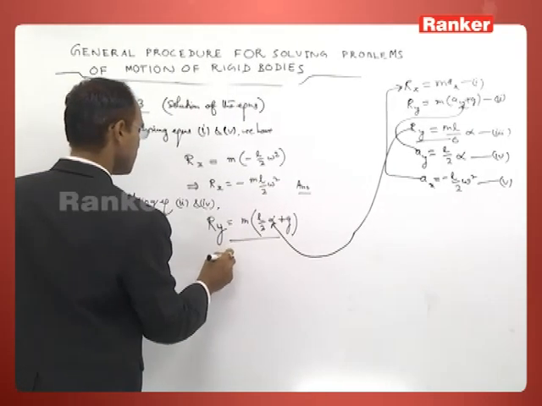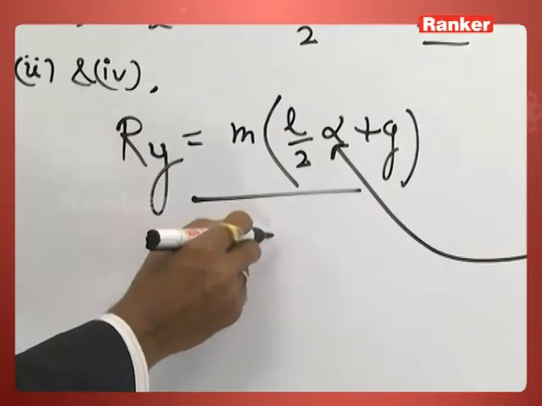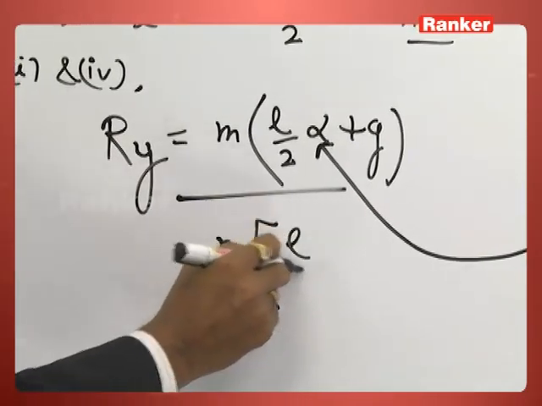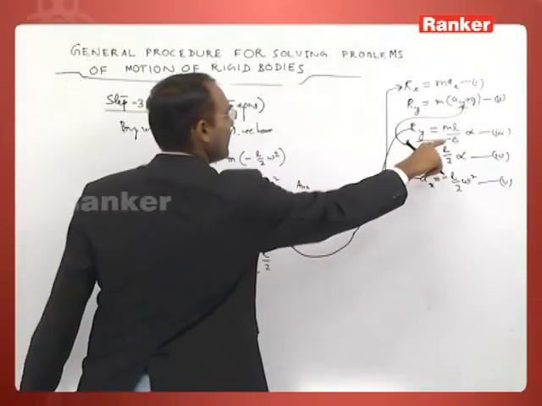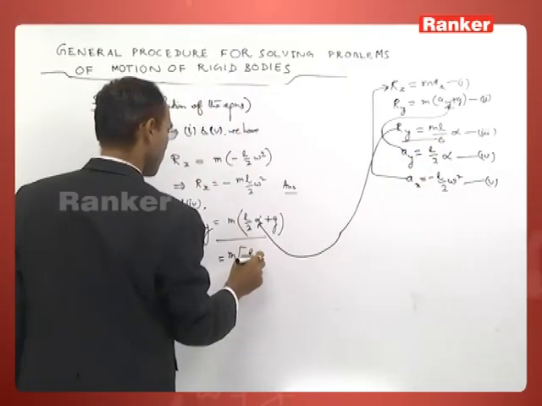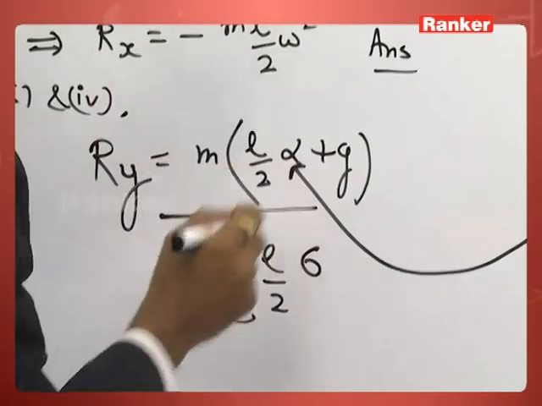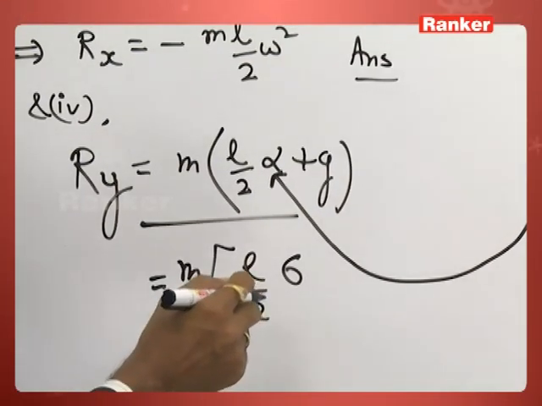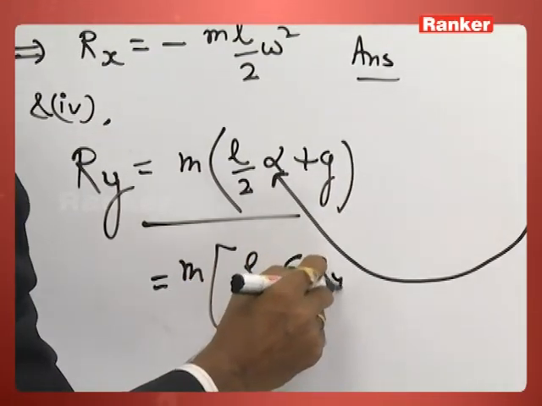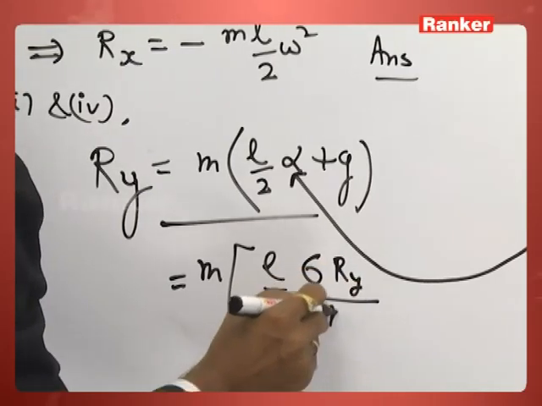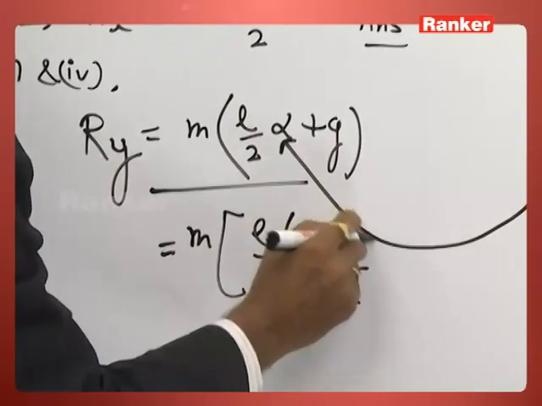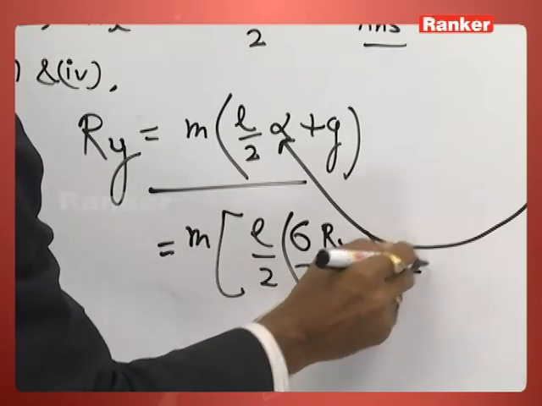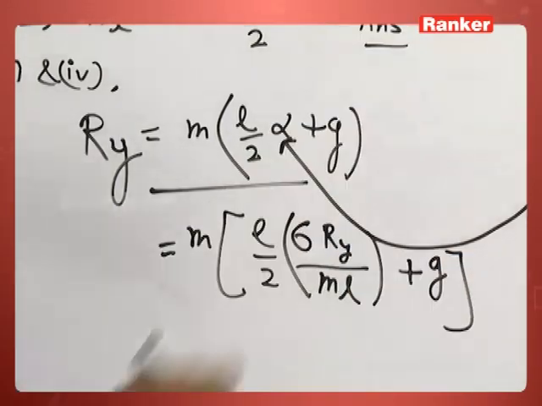Let us write alpha is equal to 6 Ry by ml plus g.